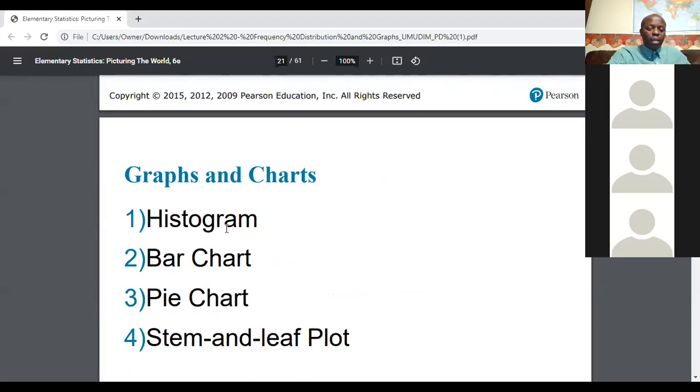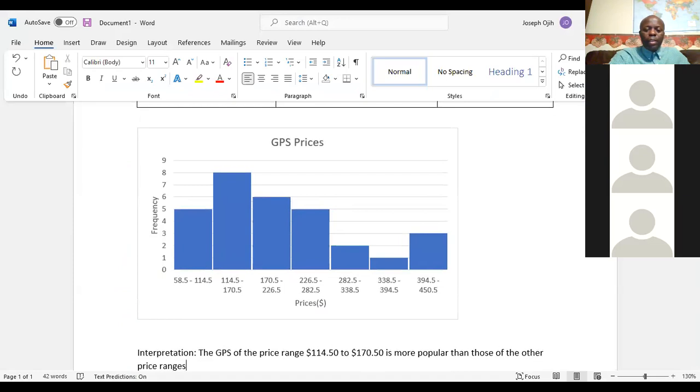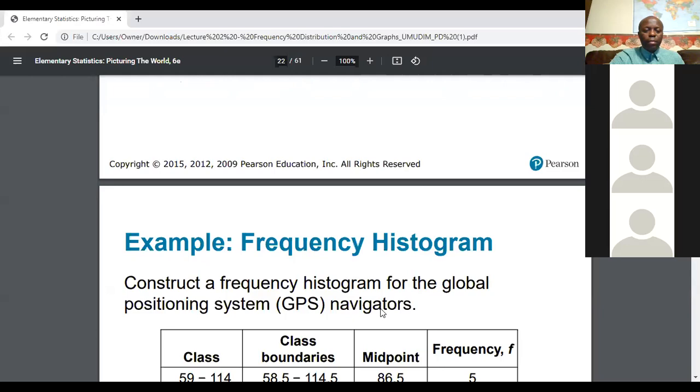I will start with the bar chart because we just did a histogram, which you can see here, after we put it here and interpreted it. In the bar chart, the bars will be separated. They will not be together like this one. So it's a type of bar graph whereby the bars are separated.